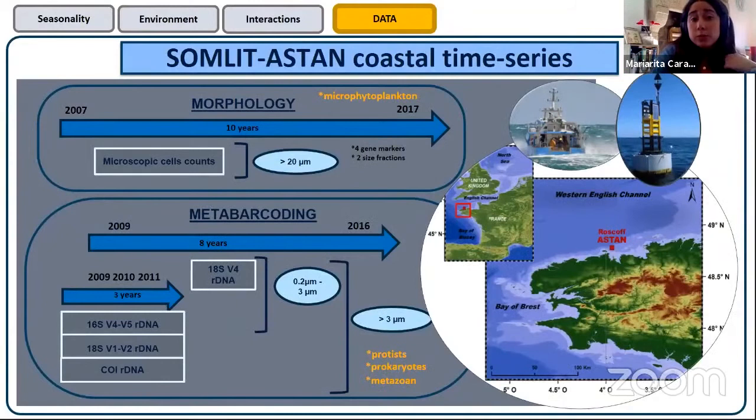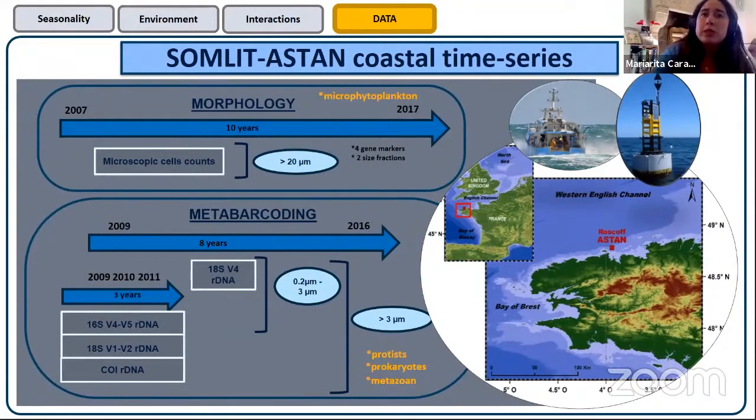So to do this kind of study we use time series, and our time series station is in the Western English Channel, Somlit-Astan, and our team operates twice a month to collect samples. On one side, we have morphology, 10 years of microscopic counts of cells bigger than 20 micrometers, able to catch the microphytoplankton.